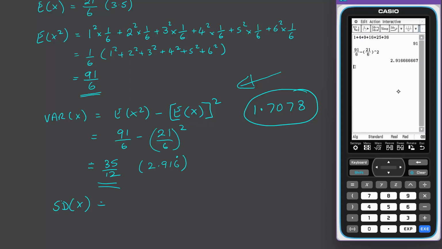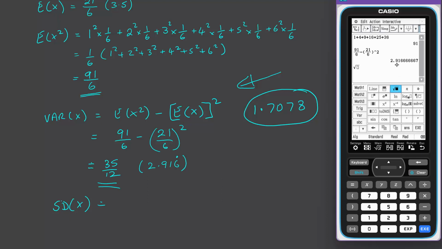So if I just hop back over to main and we do the square root of the previous answer, and let's just go to decimal, 1.7078.